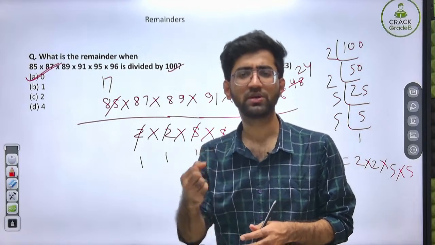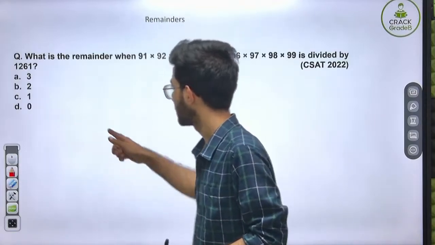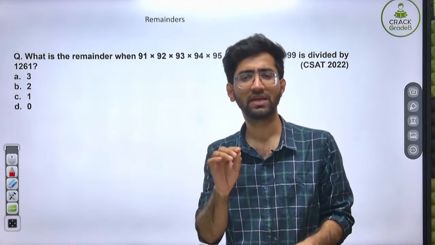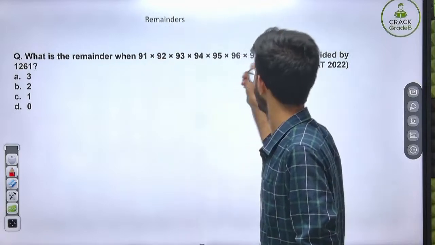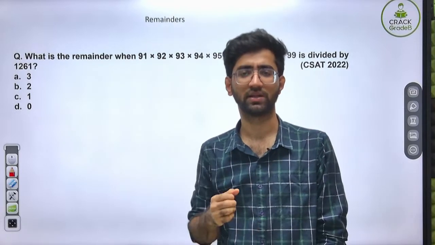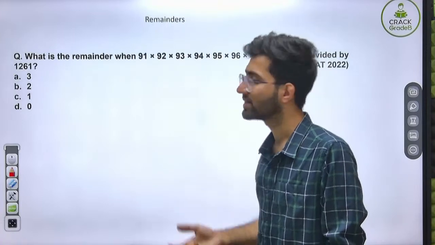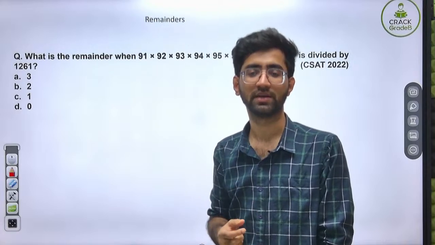So why don't we try to divide it directly, right? Even in this question, you are able to see 0 in one of the options, so there is at least some chance that this number is perfectly divisible by 1261, right? So now you can notice that CSAT doesn't ask very difficult questions related to the concept of remainders, right?